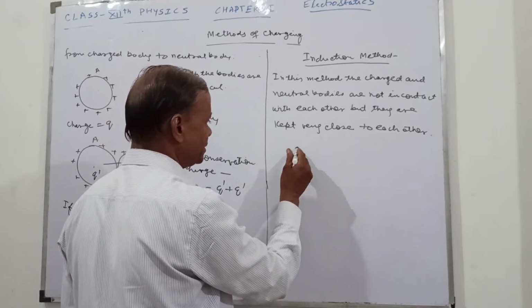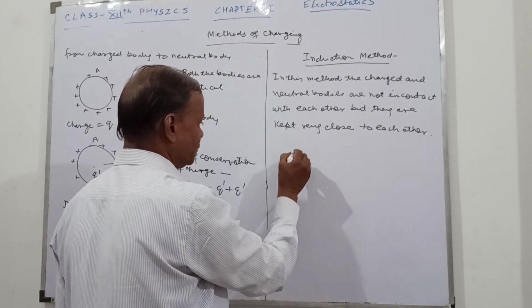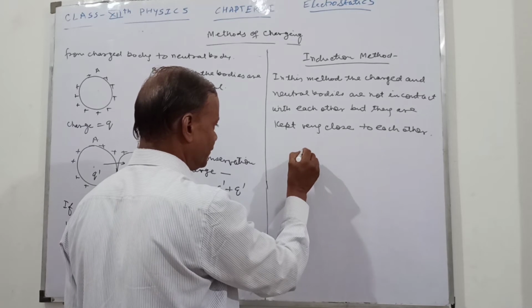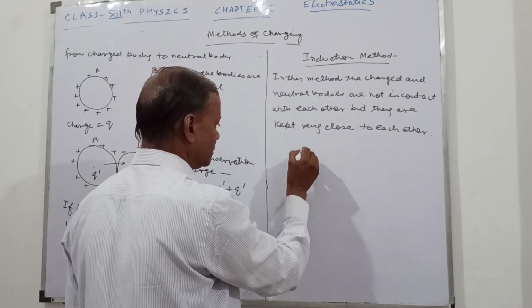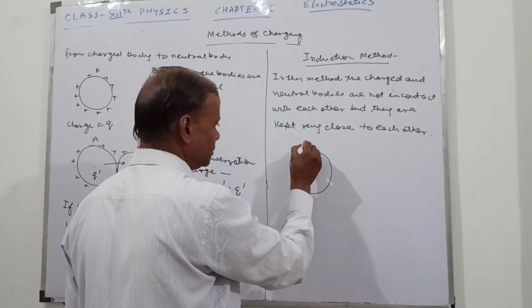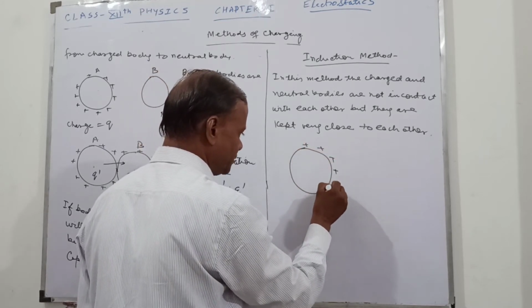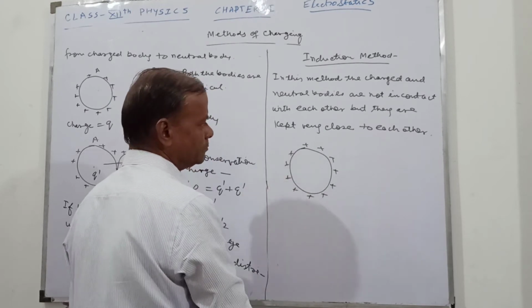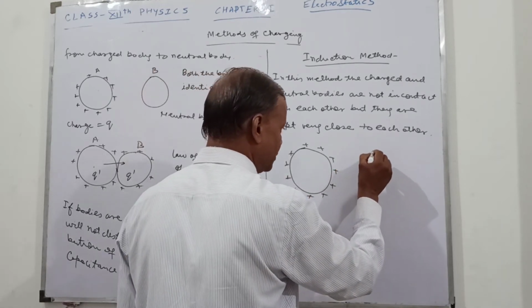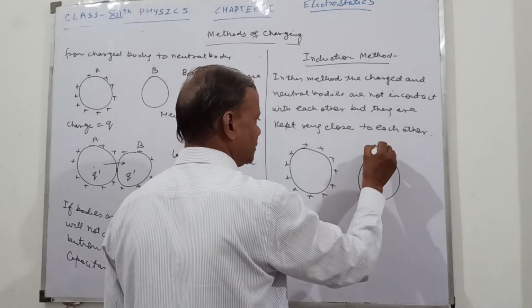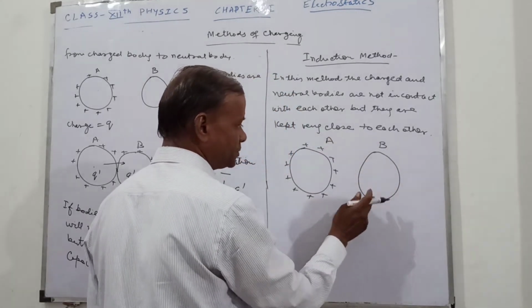Then what happens? Suppose this is a positive charge body A, which has the positive charge, and this is another body B, the neutral body.